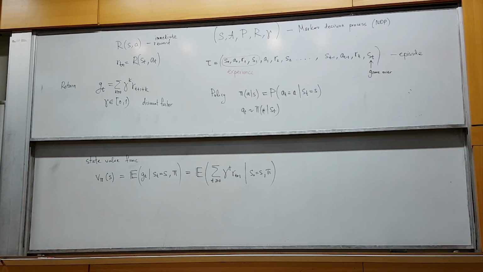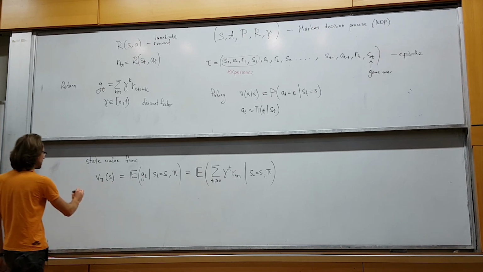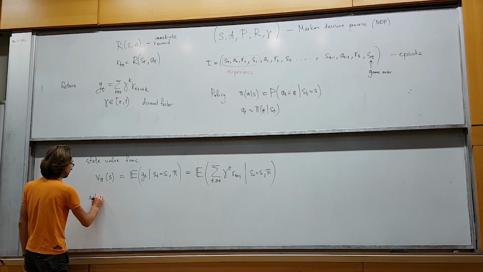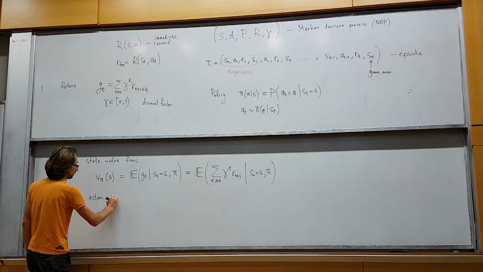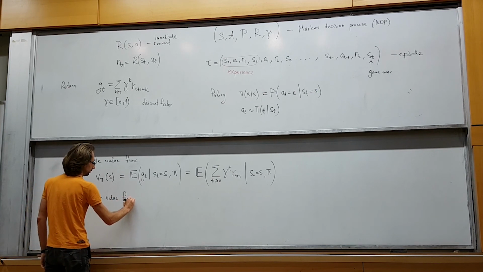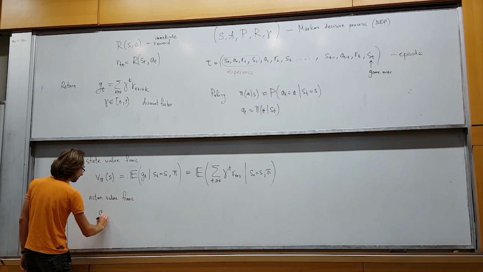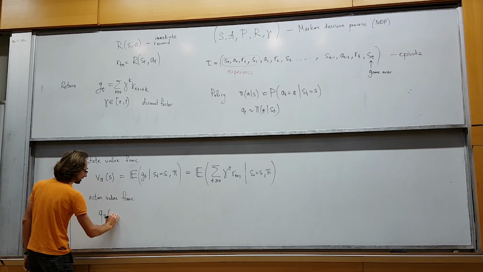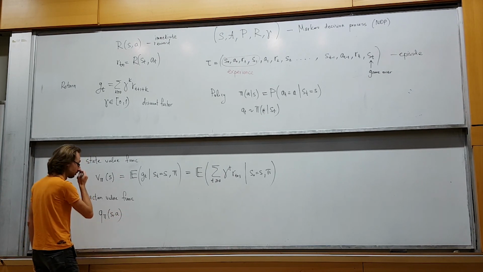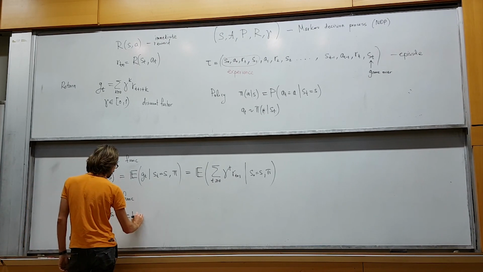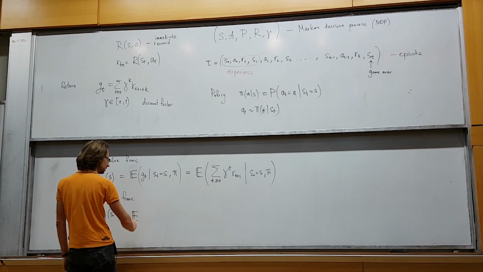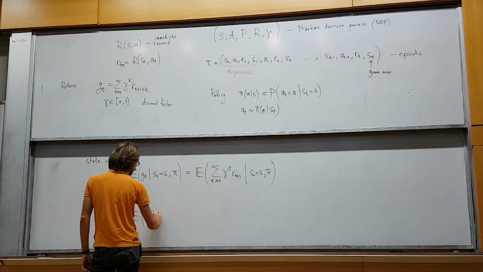So I have a state-action pair, and this is called an action value function. It is denoted by Q^pi(S, A). And this is again the expected return. Let me write it explicitly.